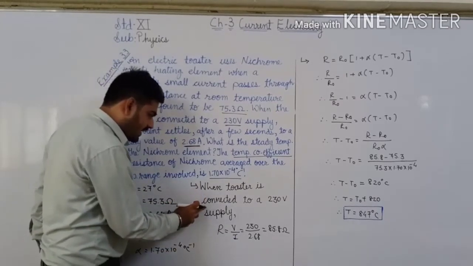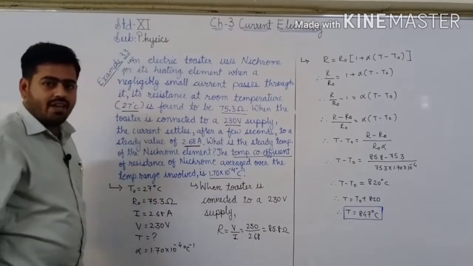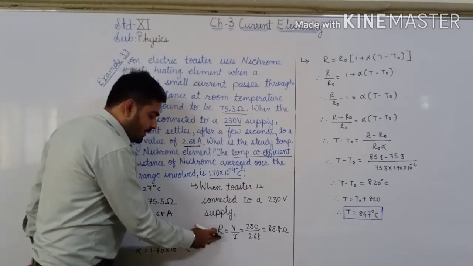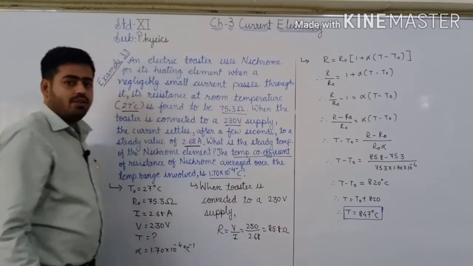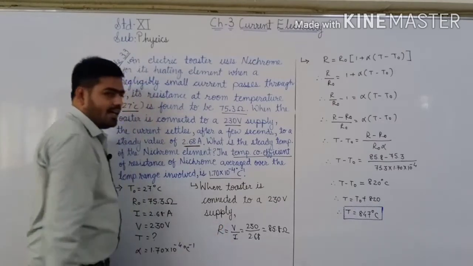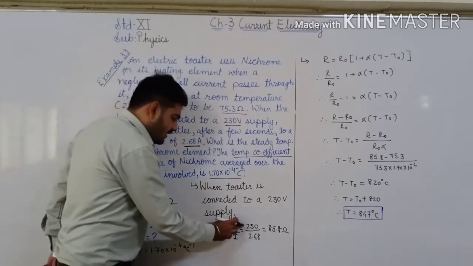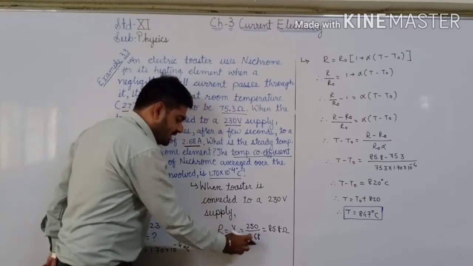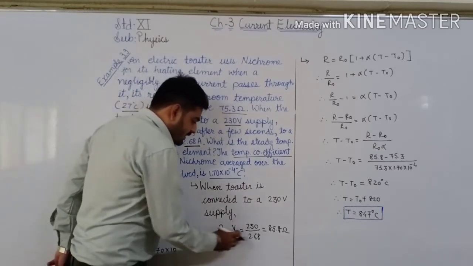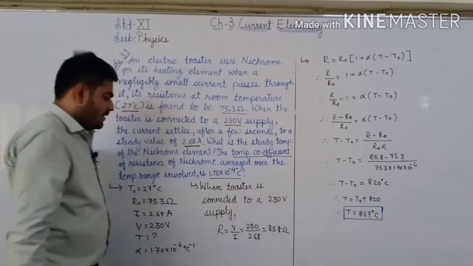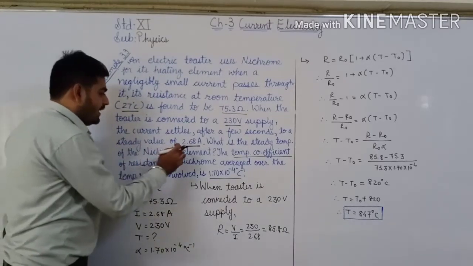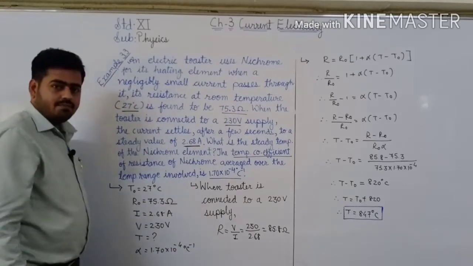When the toaster is connected to a 230 volt supply and the current settles down at a steady value, the resistance R is equal to V by I according to Ohm's law. V is equal to IR, therefore R is equal to V by I. What is V? 230. What is I? 2.68. So 230 upon 2.68 is nothing but 85.8 ohm. So this is the value of resistance when we get the steady value of electric current.